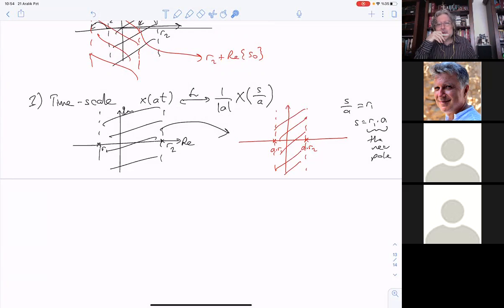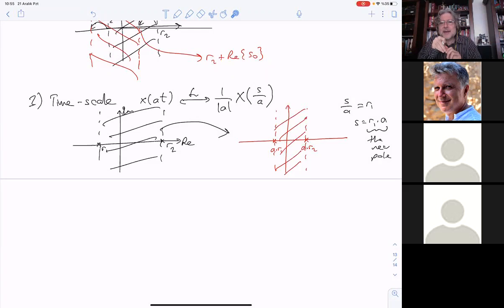What really corresponds to A is something larger than 1, and A is something between 0 and 1, less than 1 in magnitude, in other words. If A is larger than 1, x of A times t is essentially squeezing, shrinking down the signal and making it a shorter signal. And shorter signals usually have better convergence.